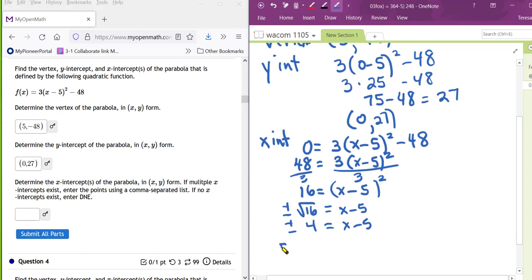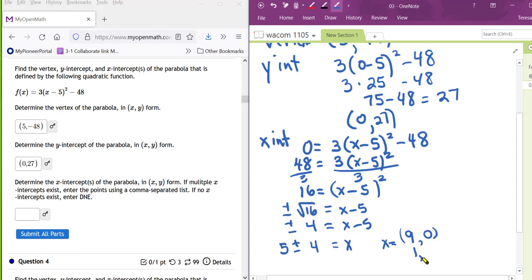And I'm going to put it in front of the plus and minus. So when you have plain numbers, you work them out. So 5 plus 4 is 9, and 5 minus 4 is 1. Now, these are separate points, and we put 0 into y.